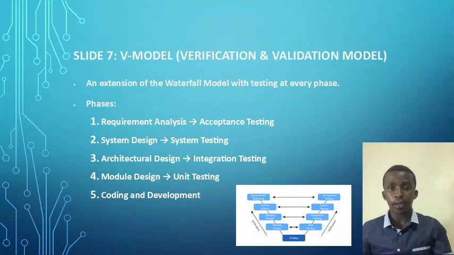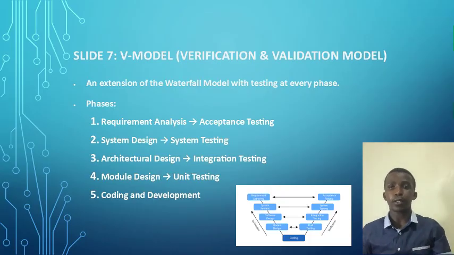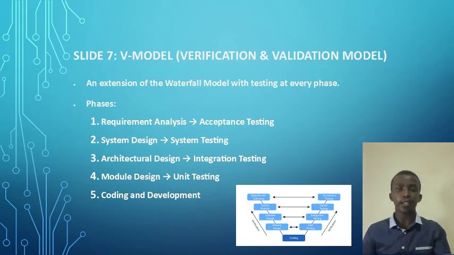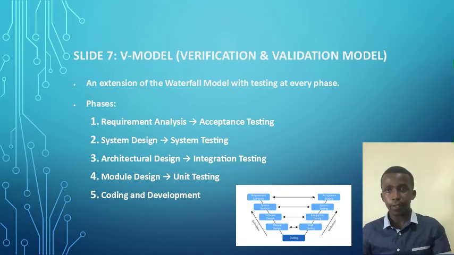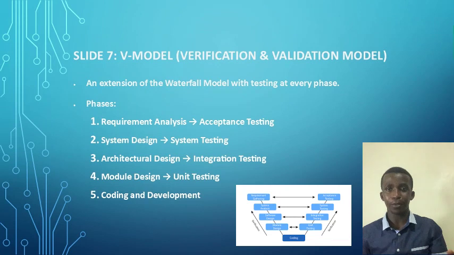Secondly, we have the V model, or verification and validation model. This model is an extension of the waterfall model but emphasizes testing at every stage of development. Each development phase has a corresponding testing phase, forming a V shape.